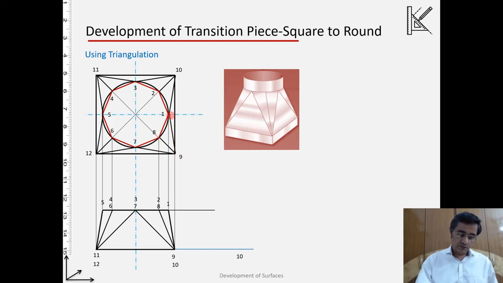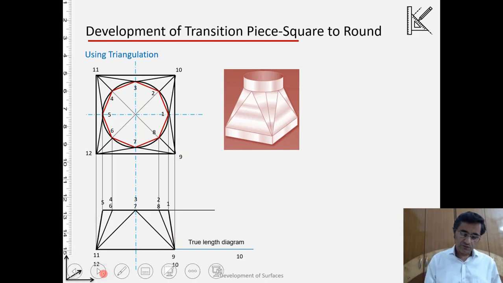If I want to know the 9,1 as the true length, I'll have to rotate it so that this 9,1 projection becomes parallel to the frontal plane. So if I do it, that's the rotation, and now it has become parallel. So this length is equal to the total length shown over here.